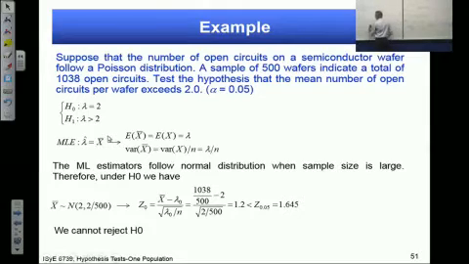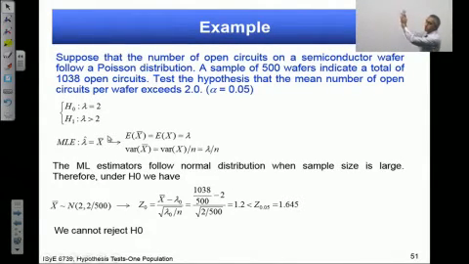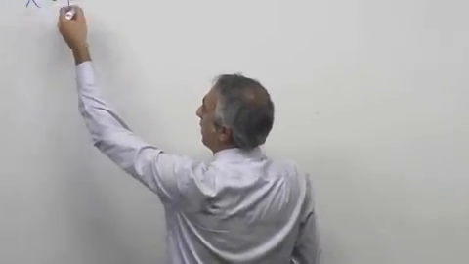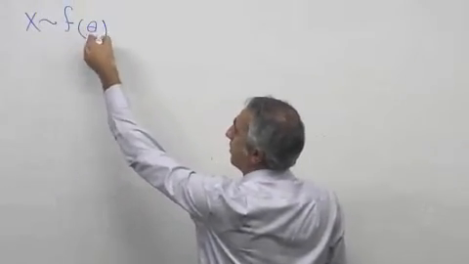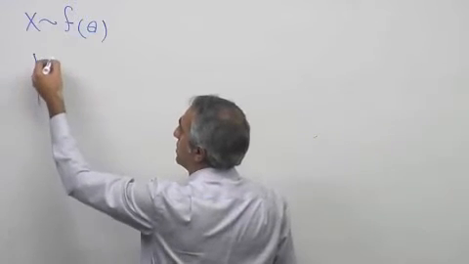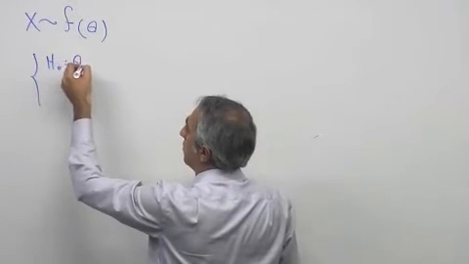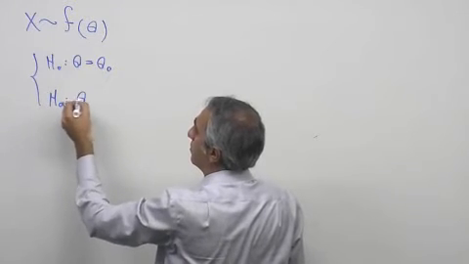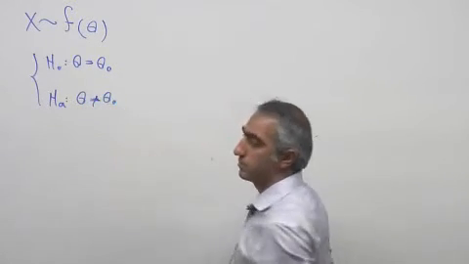Now, the second part is to find the mean and variance. Let me give you a general setting, forget about Poisson, and then I will use Poisson as one example. Let's say X follows a distribution that has one parameter theta. Then I want to see whether theta is equal to theta 0 or it is not.